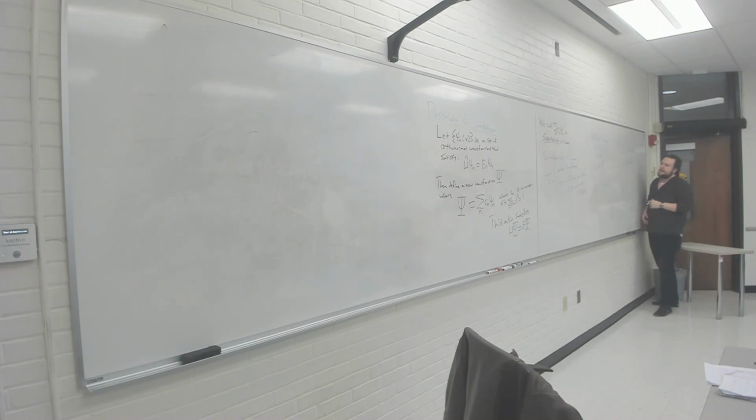Okay. And so what this means is that every time you measure the system, it's either going to come back alive or dead 50% of the time. So CA squared is 1/2, and CD squared is 1/2 as well.